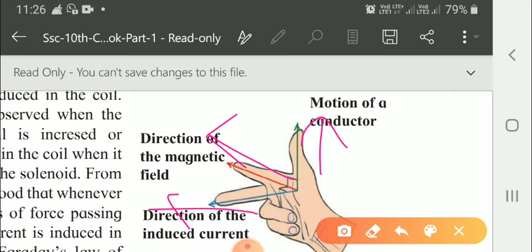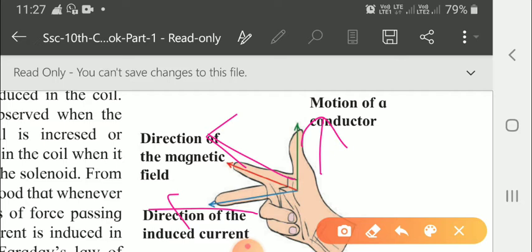Such induction is also observed in the current in the solenoid coil when it increases or decreases. So current is induced in the coil when it moves aside from the front of the solenoid. From these experiments we conclude that if the number of magnetic lines of force passing through the coil is changed, then more induction of the current will be there in the coil.